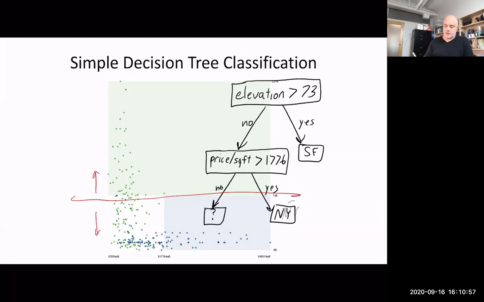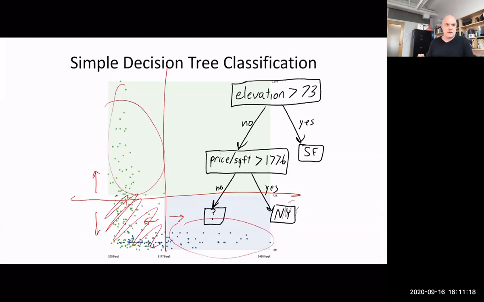And then we split on price per square foot, above and below. And this does a pretty good job. It is a better classifier. It's a better model of the data than what we had before, but we still have this to deal with, right? So we have near perfect accuracy in this region. We have near perfect accuracy in this region, but we still have to do some more splitting down here if we really want to have a good model.